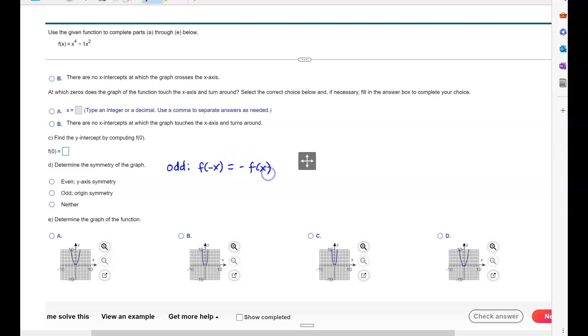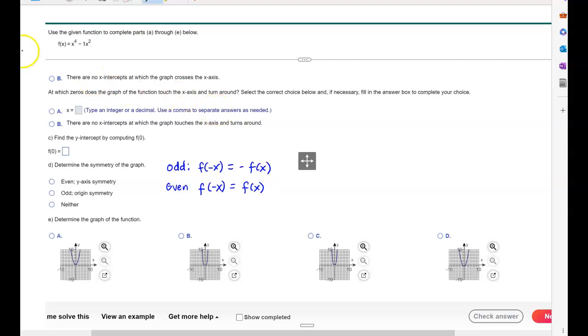In other words, if you replace all x by negative x and you get the negative of f of x as your final result, then that function is odd. But if you replace x by negative x and you get the original function back, then that function is even.